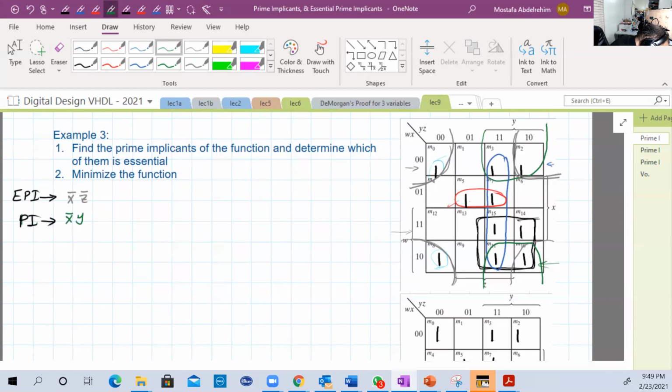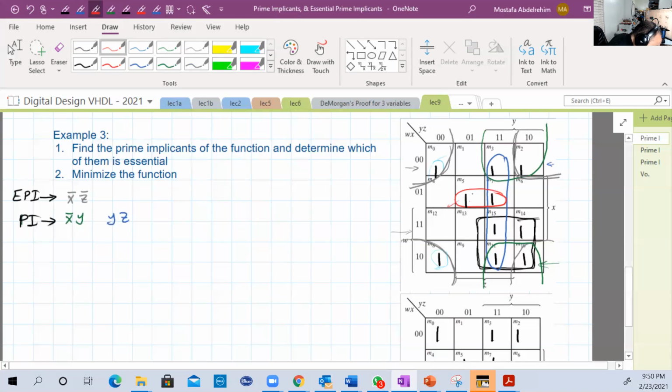Now the blue, as you see, guys, all its elements belong to other prime implicants, so it's not an essential prime implicant. That one has W changing, X changing, so it's Y, Z. The red is essential.